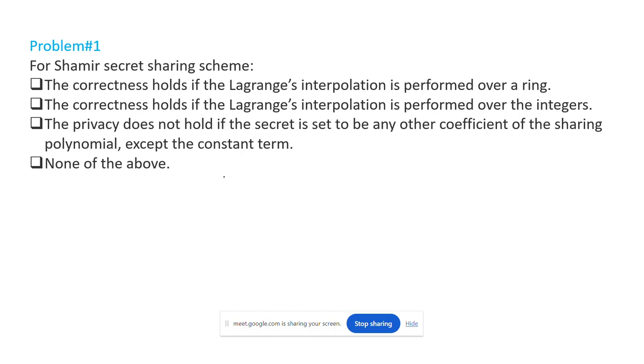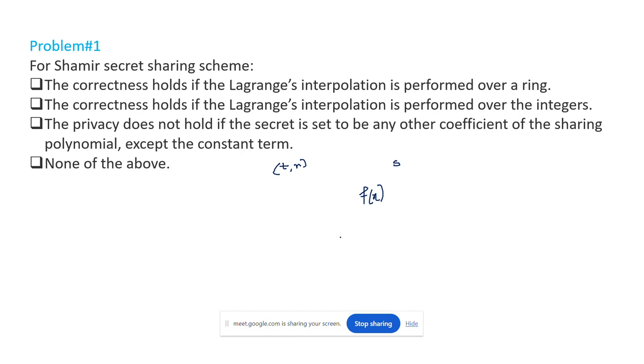And about the third statement, usually what we do in Shamir secret sharing is this: if you have some secret S and you want to share it using the Shamir secret sharing scheme, in a t out of n threshold scenario, we take a degree t polynomial, such that there are a total of t plus 1 coefficients available, and the constant term is S. Now you evaluate that degree t polynomial at n different points.